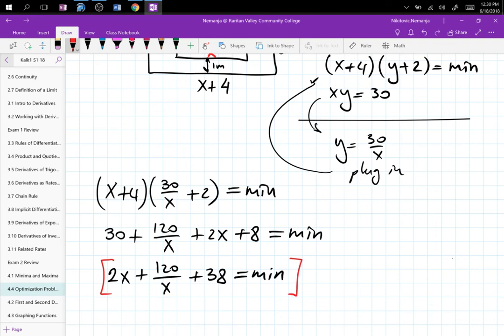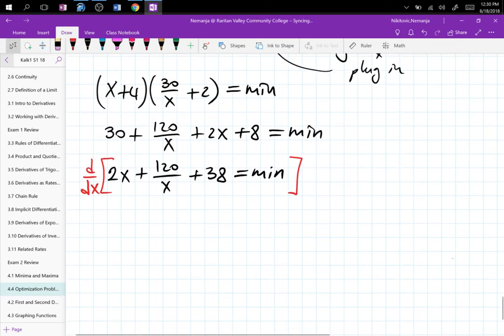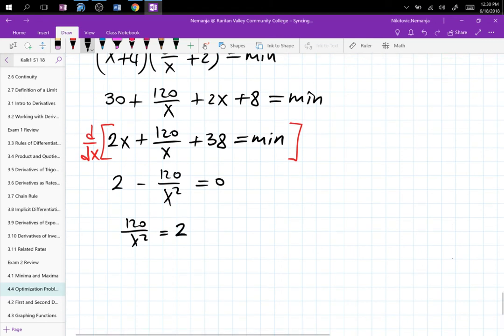Differentiate with respect to x, so you can minimize. 2 minus 120 over x squared plus 0 equals 0. 120 over x squared equals 2. And finally, x squared equals 60. x is equal to plus or minus square root of 60, but the lengths can't be negative, so drop the negative.